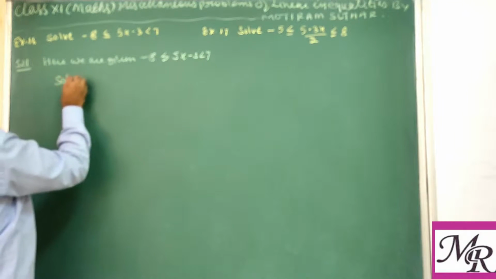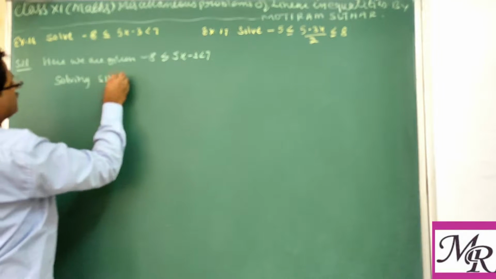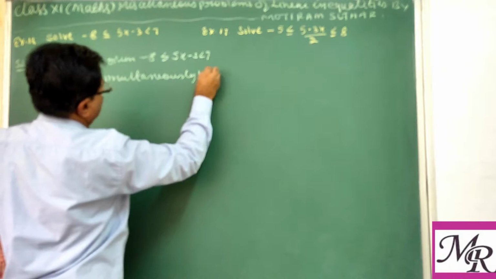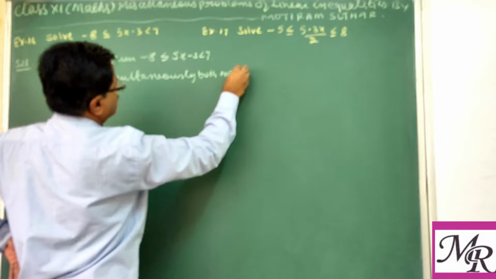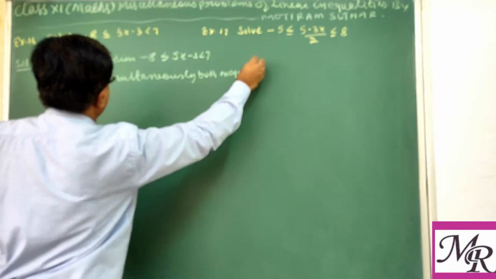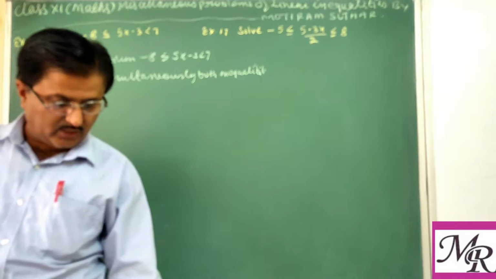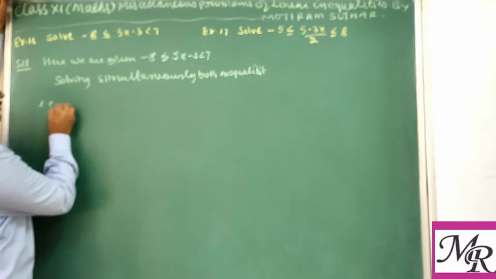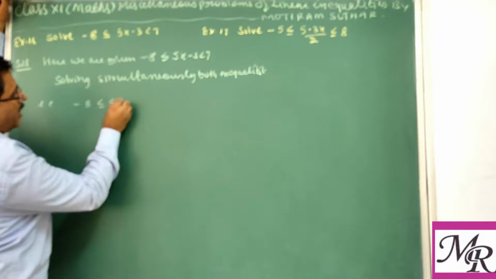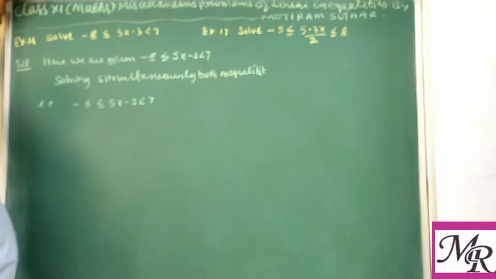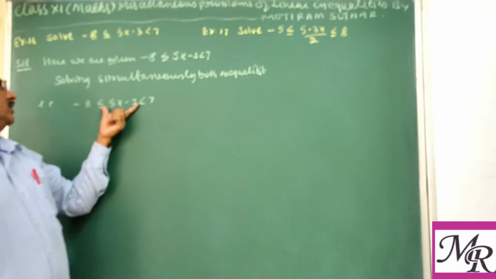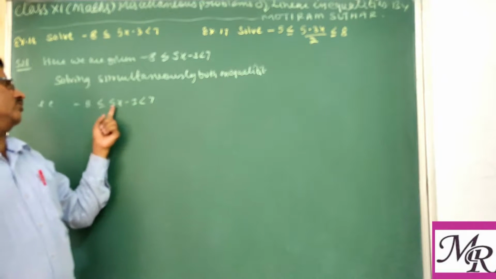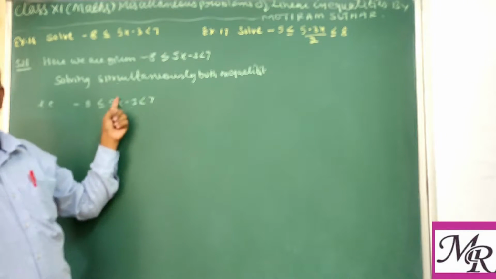So solving both inequalities simultaneously, our objective is that in between the inequality signs, we have to remove all the constants and the coefficient of x, and convert it into x.